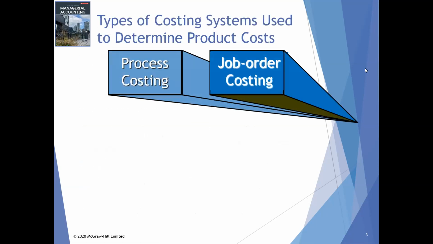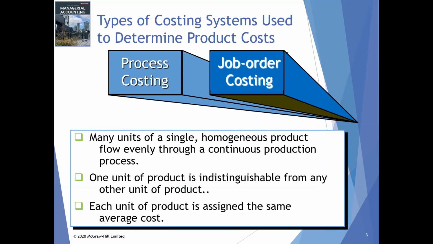Now, we know that we have types of costing systems used to determine the production cost. We have process costing and job costing. In process costing, many units of a single or homogeneous product flow evenly through a continuous production process.